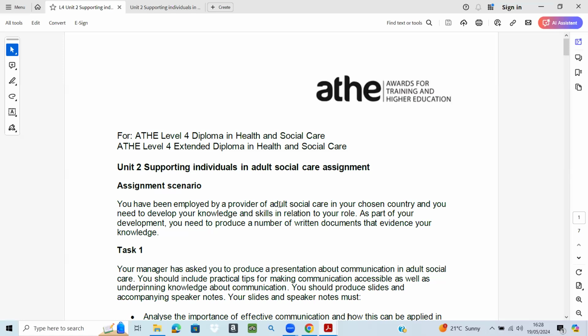Make sure that we read the scenario. Scenario again is not a question. That is a scenario. On the basis of that, we need to think, like in HNC, we always think as a care worker.